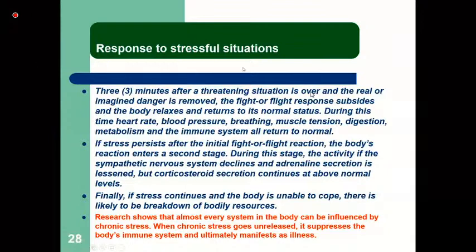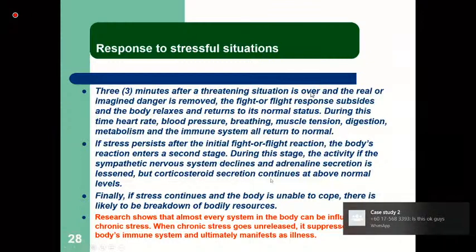Remember this, the response to a stressful situation. In the first 3 minutes after a threatening situation, once the body starts to relax, your heart rate will start to reduce. In the second stage, the nervous system is activated and adrenaline is secreted.